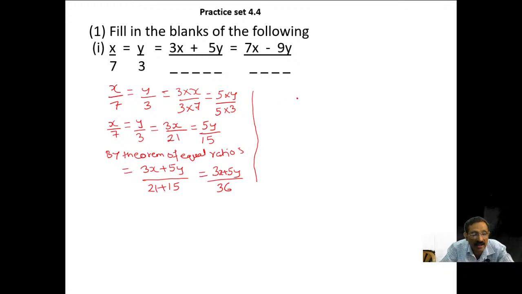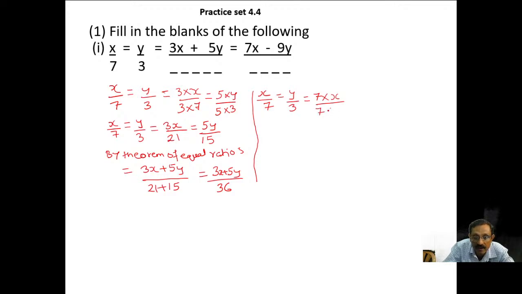Let us take the next one. What is given to us? Let us first see. x upon 7 is equal to y upon 3, which is equal to. Now, if you see here, the 7 is multiplied by x, so I will multiply this x by 7. 7 into x upon 7 into 7. Similarly, when I am multiplying this by 7, I have to multiply the denominator also by 7.